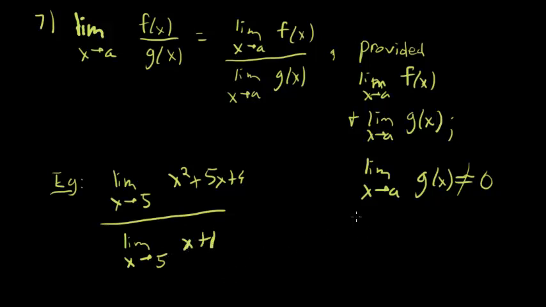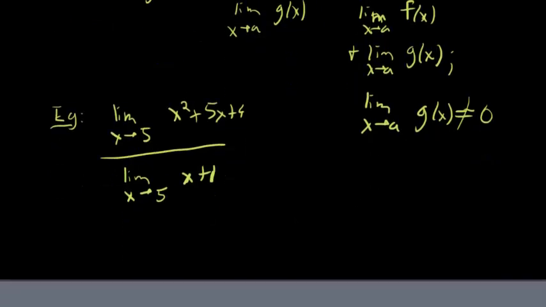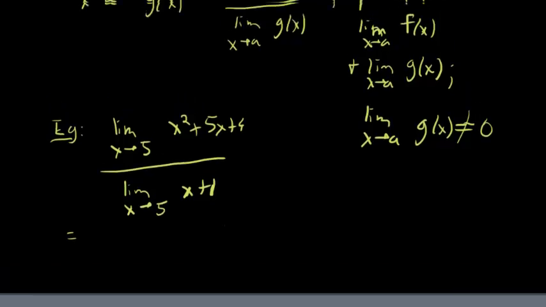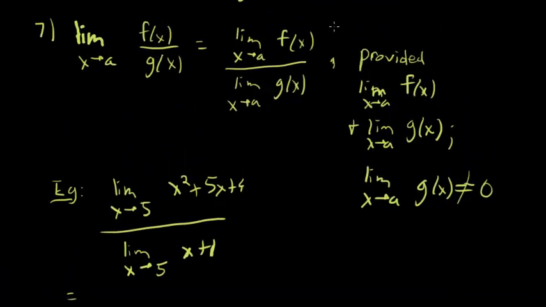So this might confuse you here. You have two separate limits. I thought we only work with problems with one limit. Well, because of this property here, we can actually combine these two limits into one limit.